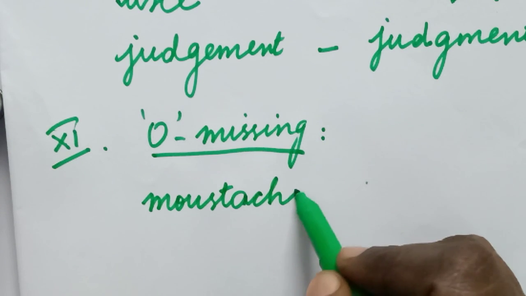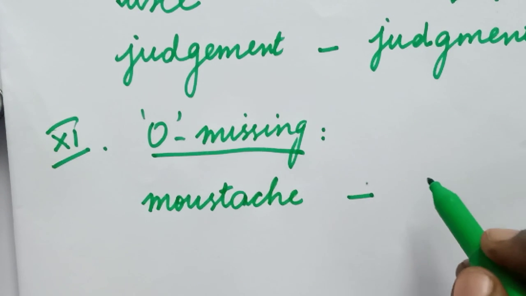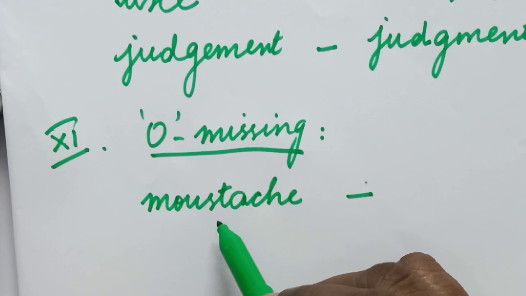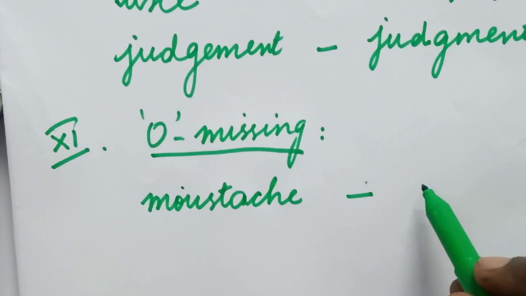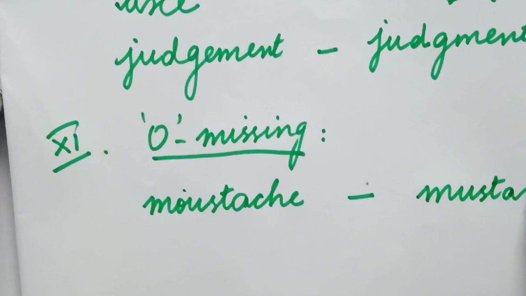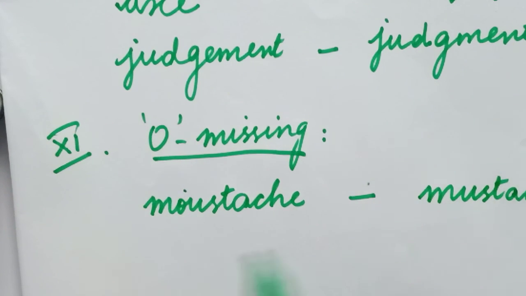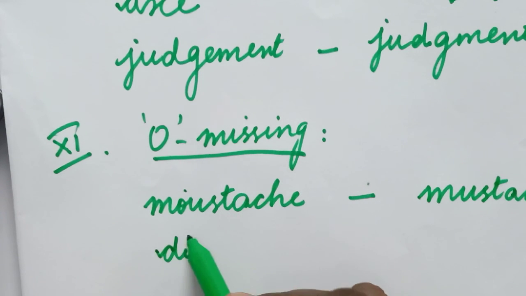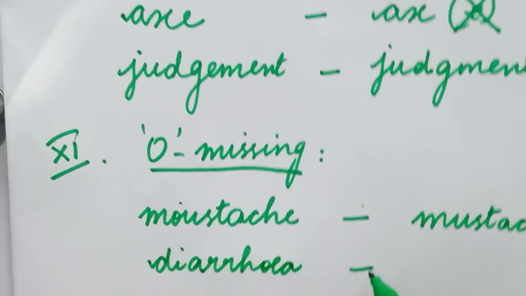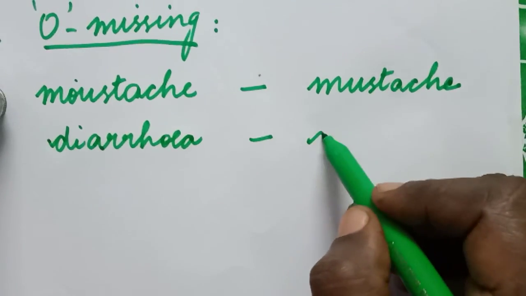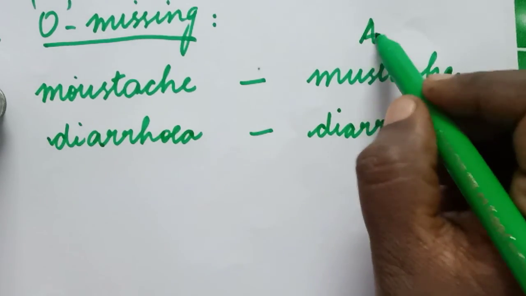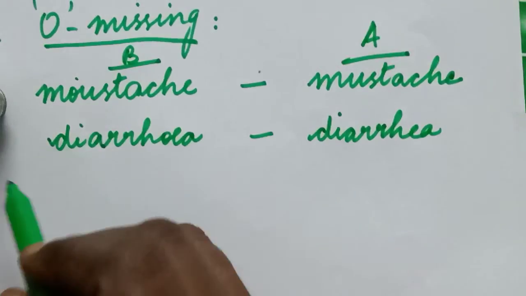Your daddy will be having it right above the mouth and below the nose. Yeah, moustache you have. So here you have this O, whereas in American English we should not use this O. Okay, so you have to write it like this, mustache. And then diarrhoea. Okay, this one you have to write as D-I-A-R-R-H-E-A. That's all in American English, and the other one in British English.